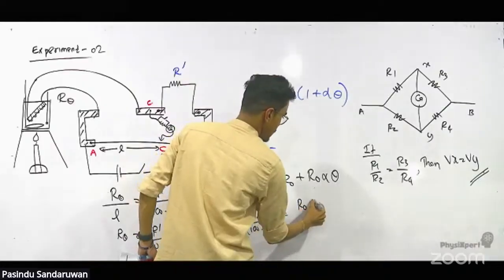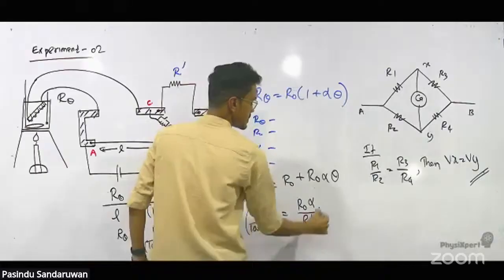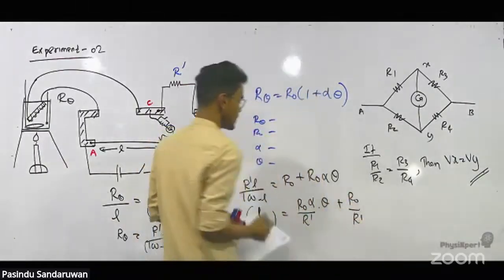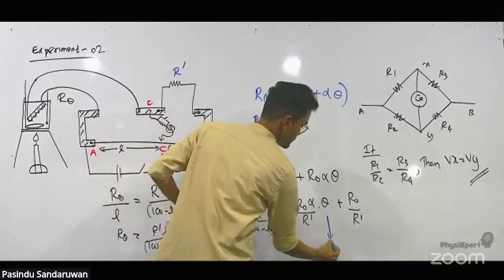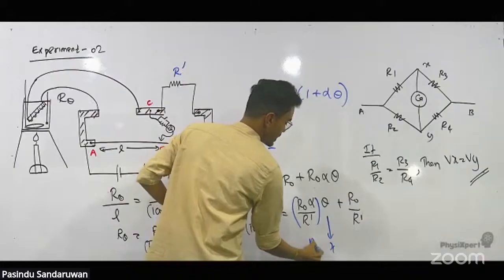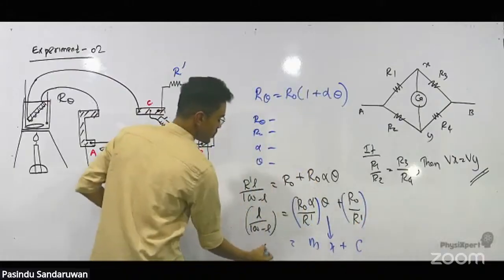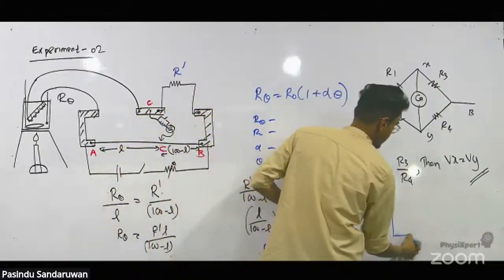Then this is R naught alpha over R dash times theta, plus R naught over R dash. Now this is x. This whole thing is the gradient, and this is the intercept. This whole thing is y, and the graph you are going to get is y equals mx plus c.